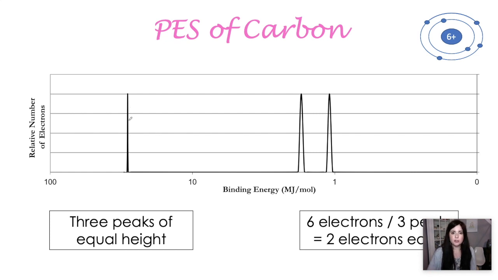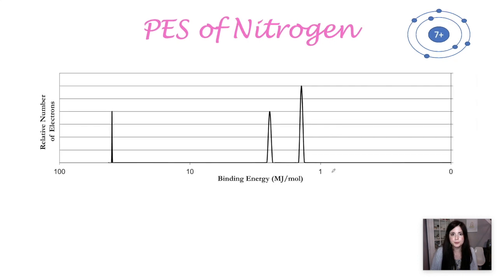These are going to be your 1s2 electrons, very high binding energy, almost 50 megajoules per mole. It takes so much energy to remove those innermost electrons, those core electrons, these 2 right here. Again, because of Coulomb's law, there's a much smaller distance between them. This second peak right here, these would have to be your 2s2 electrons. And then we have our 2p2 electrons, which are going to be the easiest to remove.